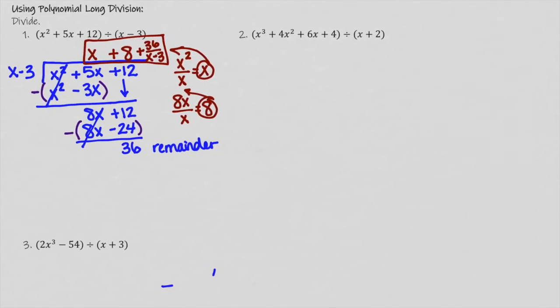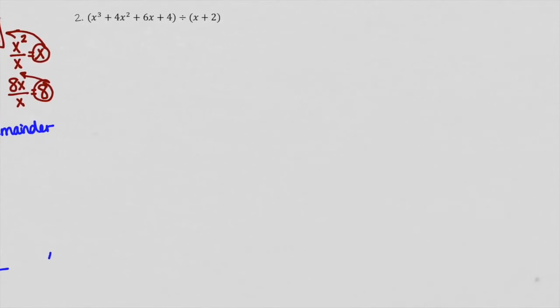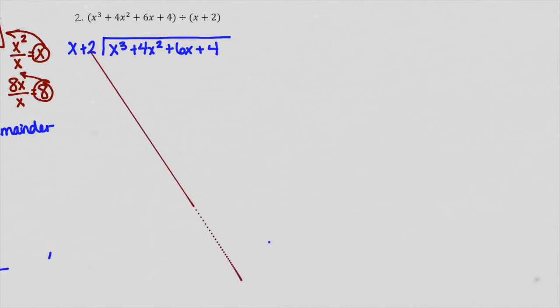Okay, let's try it for number 2. Outside, I'm going to have my x plus 2. Underneath, I'm going to have x cubed plus 4x squared plus 6x plus 4. Okay, let's figure out our first term by taking x cubed and dividing it by x.